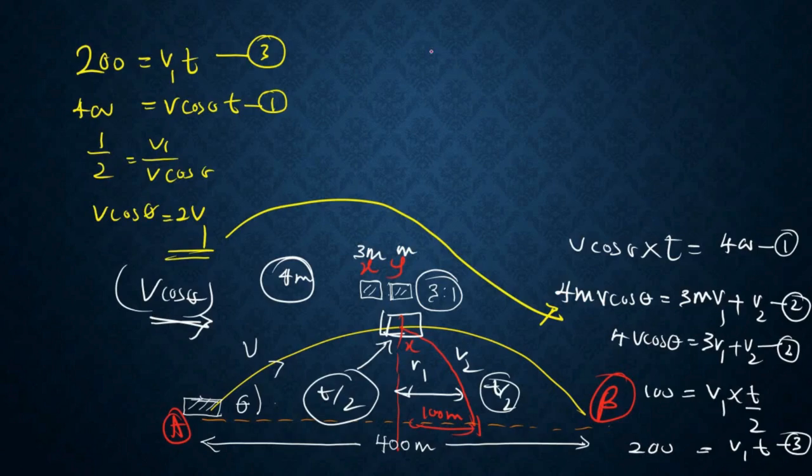Instead of v cos theta I can write 2v1, so 4m times 2v1 equals 3m v1 plus m v2. Mass cancels, so I'm getting 8v1 equals 3v1 plus v2. So 5v1 equals v2. That's another equation. From this we can write the last equation. What's the last equation? The distance traveled by v2, or the part Y.